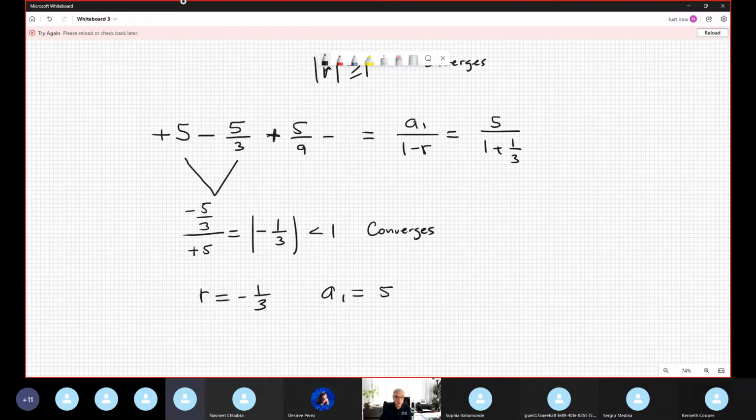However, the common ratio is negative. Double negative becomes positive. Okay, so this is 3 plus 1 is 4, 5 over 4/3. So, division: 5 over 1 times, flip that, 3 over 4, 15 over 4. Okay, the infinite sum of the elements of this series.